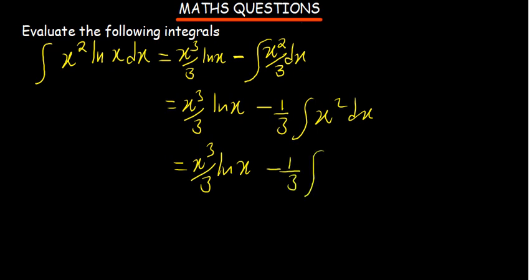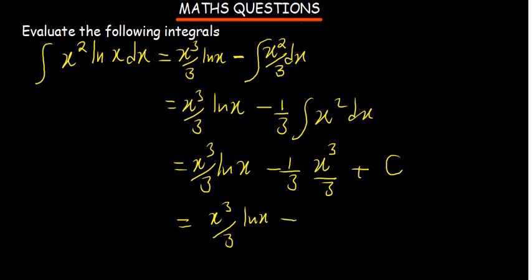Now integrate x to the power 2, that will give us x to the power 3 over 3. Then add the constant c. So this is going to be x to the power 3 over 3 natural log of x minus x to the power 3 over 9 plus c. So this is going to be the answer.